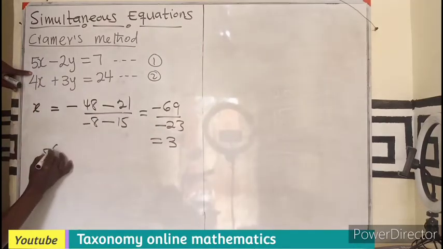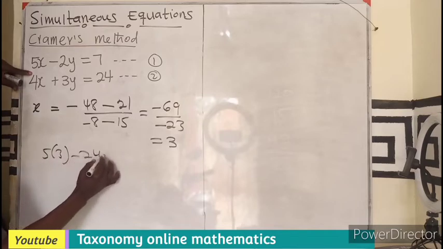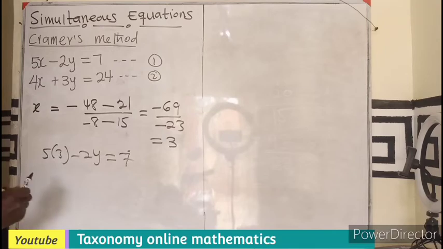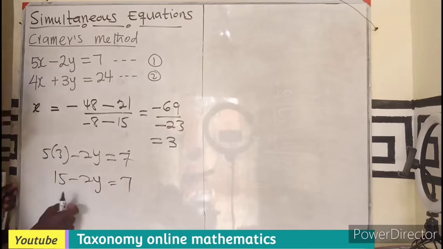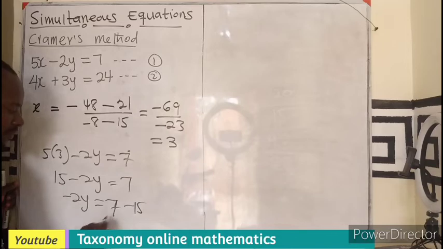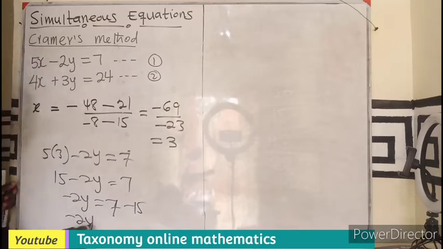So we can do the same to get our y, or I'll only substitute the x into this place to be 5 times 3, plus 2y equals 7. So in this case, I have 15, 2y, 7. Subtract 15 from both sides. 7 minus 15. So you have minus 2y equals minus 8.